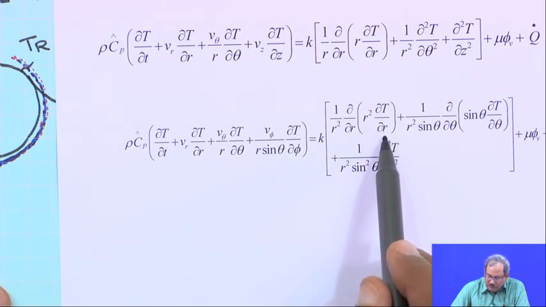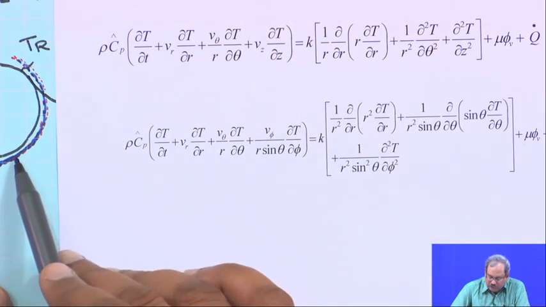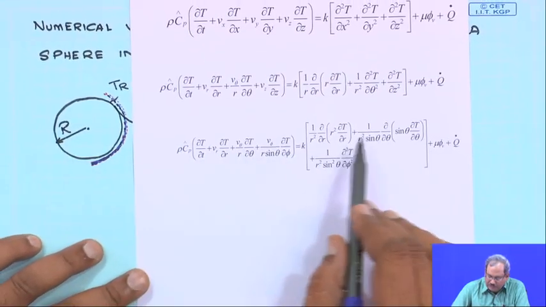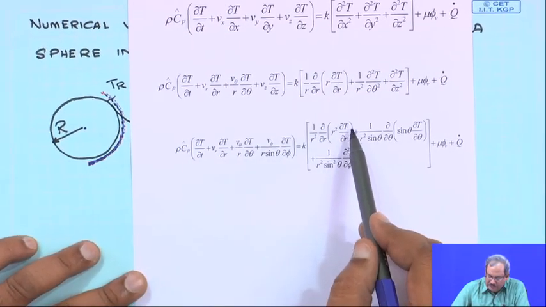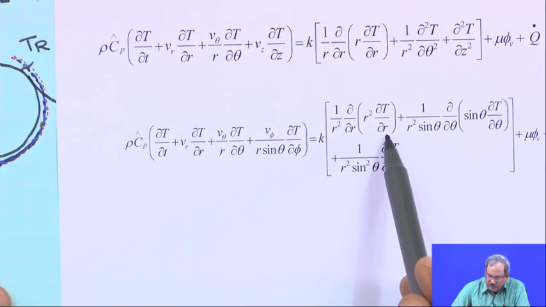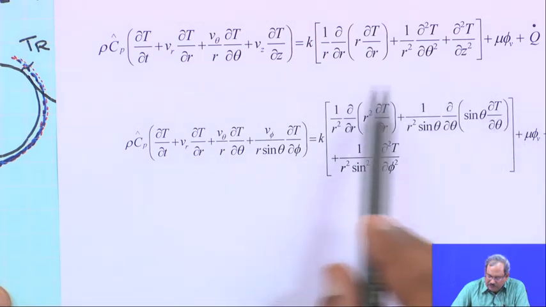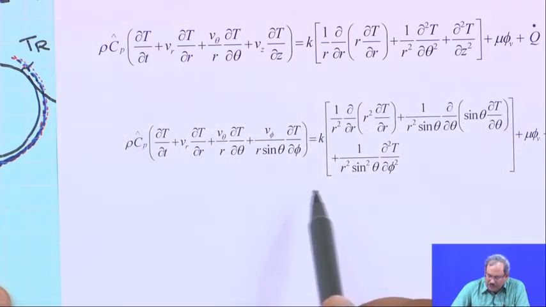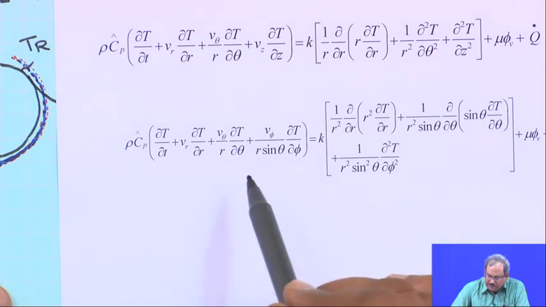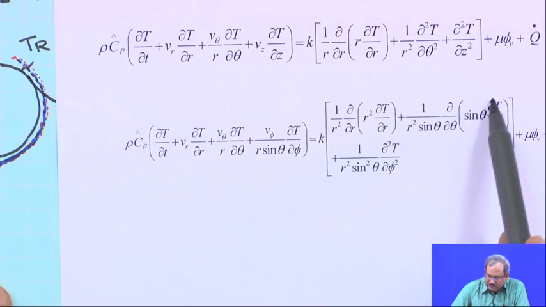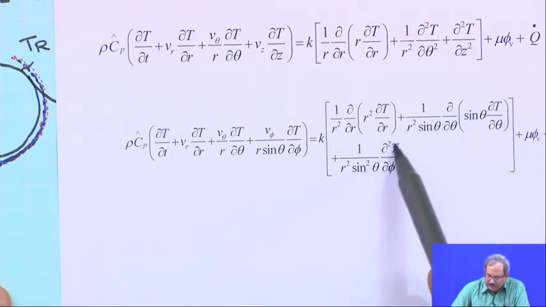Temperature is only going to depend on how far this shell is from the center of the sphere, or in other words, temperature is going to be a function only of r and nothing else. So, this equation, even though it looks long and complicated, once you understand the significance of the terms, you would be able to cancel the whole of left hand side, the second term on the right hand side, the third term, the fourth term and the fifth term.